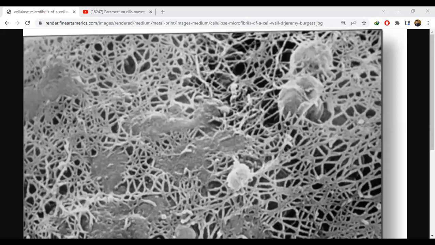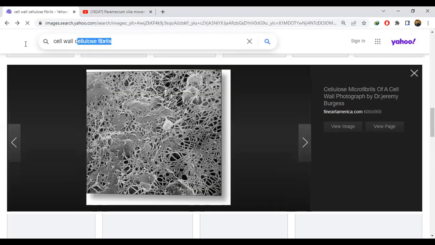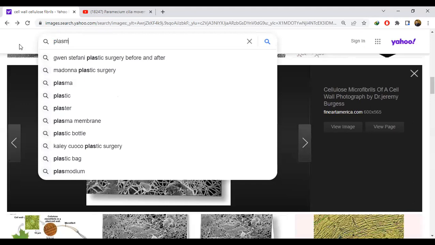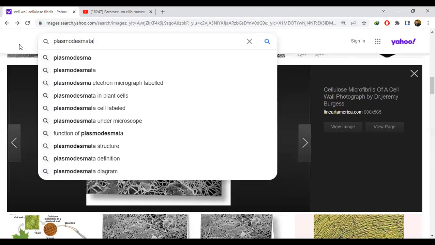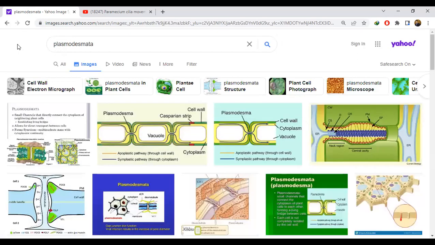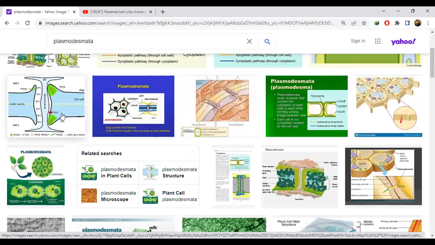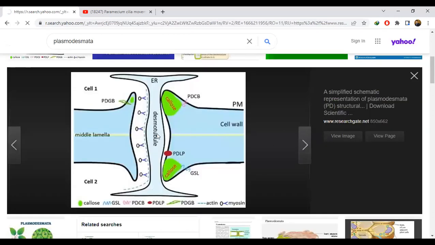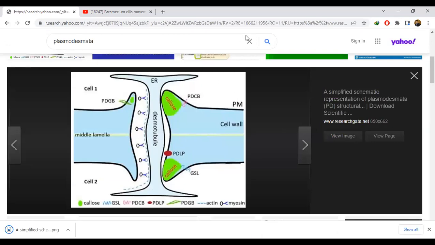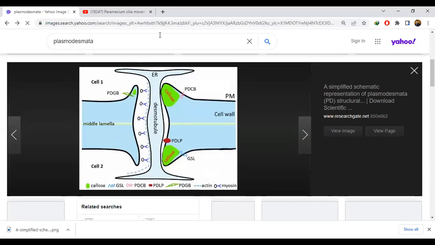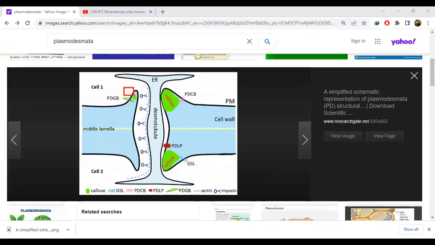In this one, the last point tells you about plasmodesmata. Here, see this diagram. Can you see this diagram? This is the pit region. This is one cell's cytoplasm.